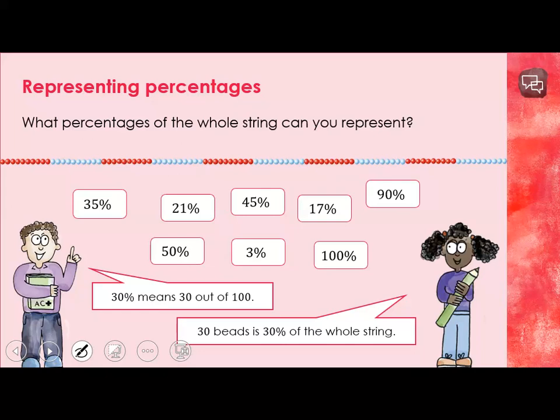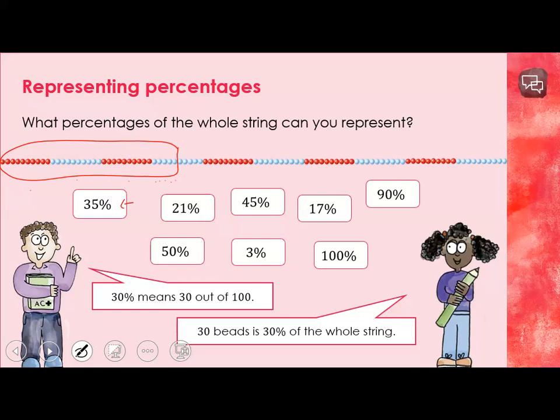Let's say I were going to find 35%. So I know that would be counting in 10s, and I've got 10, 20, 30, 31, 32, 33, 34, 35. So that'd be 35%. What percentage do I have left once I've taken the 35% away?